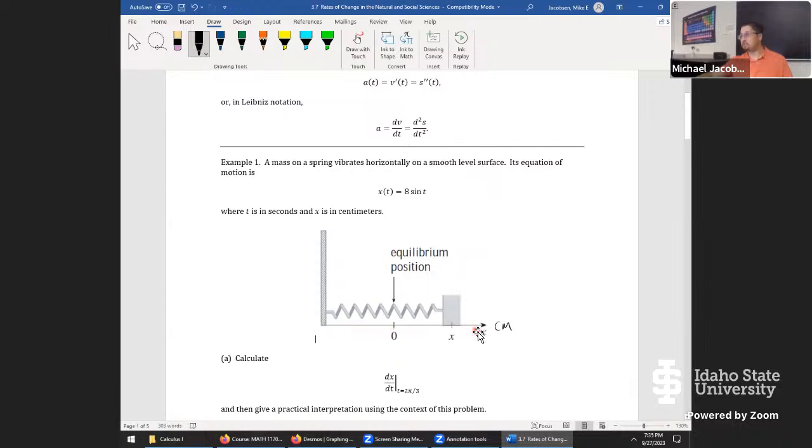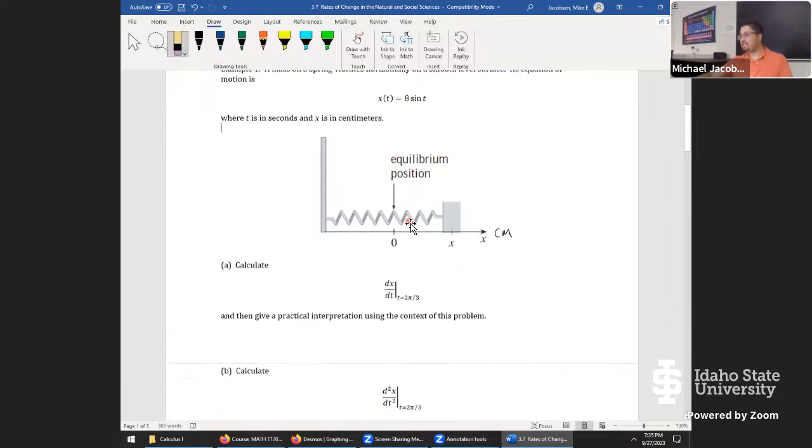Sometimes it's on the negative end, sometimes on the positive end. But that's its equation of motion right away. And so part A says, calculate dx/dt. It makes sense that we should write our function as x of t because it's just x which is changing and its position depends on t. But it definitely looks weird. Any questions at all, folks, with that function or the diagram?